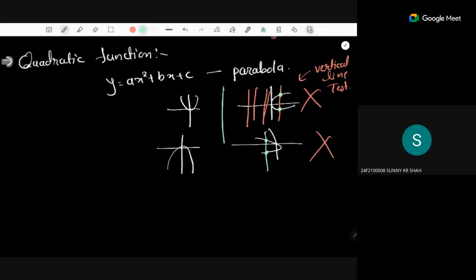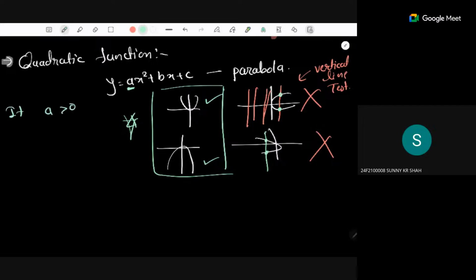That's why we only consider these two types of parabola when we talk about quadratic functions. Any quadratic function will represent either an upward parabola or a downward parabola. It depends on the sign of the x square coefficient, that means it depends on a. Again we are talking about quadratic functions, so we assume that a is not equal to 0, because if a becomes 0, it's nothing but a straight line.